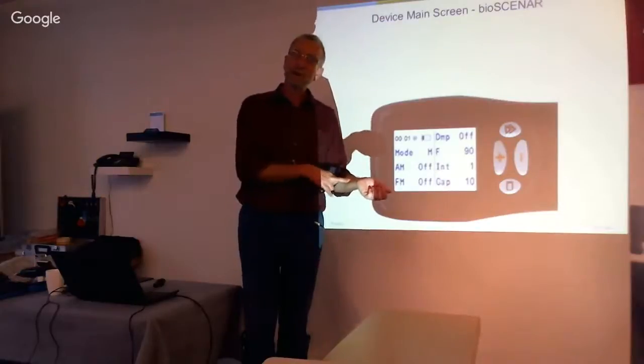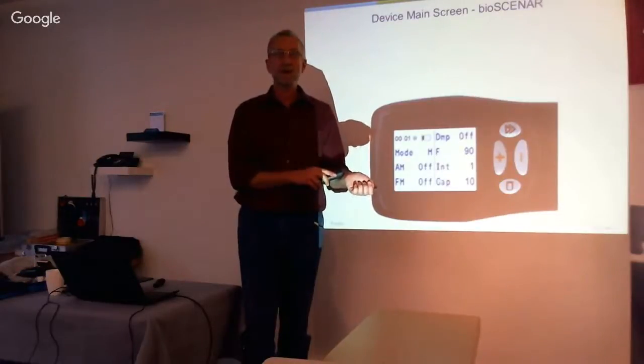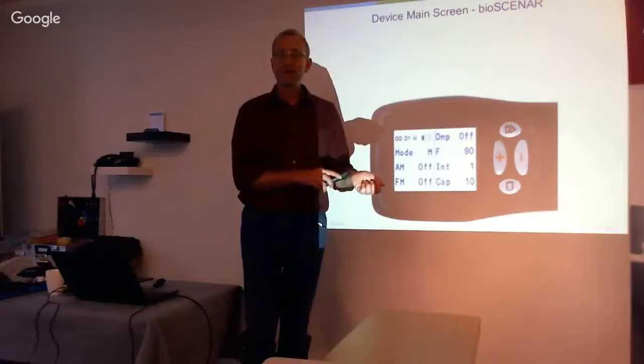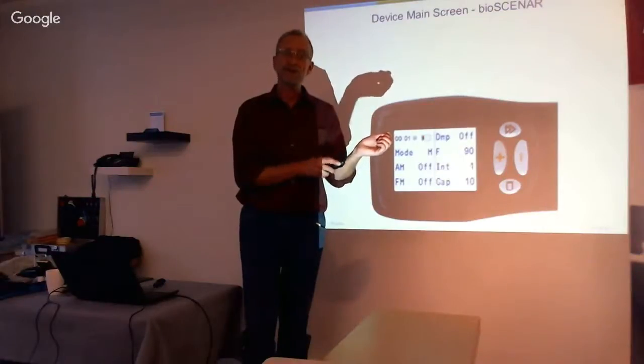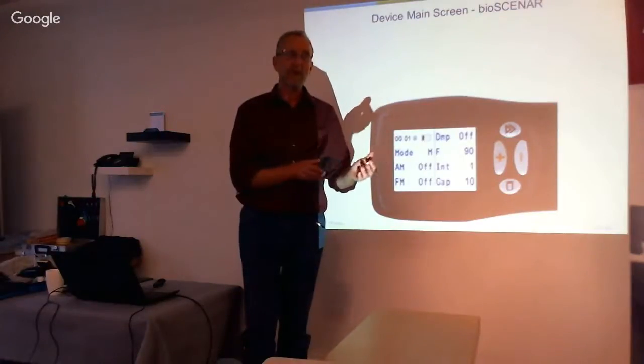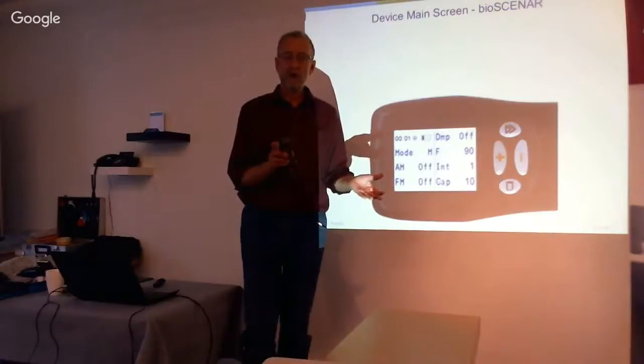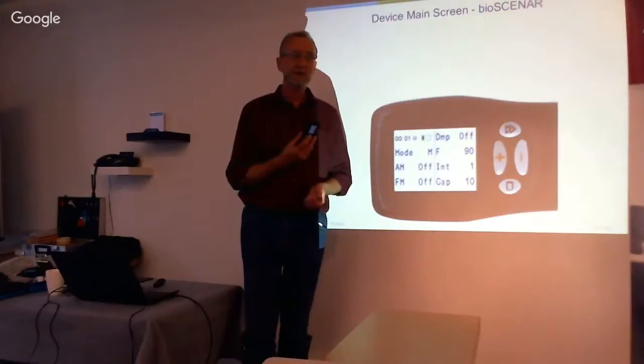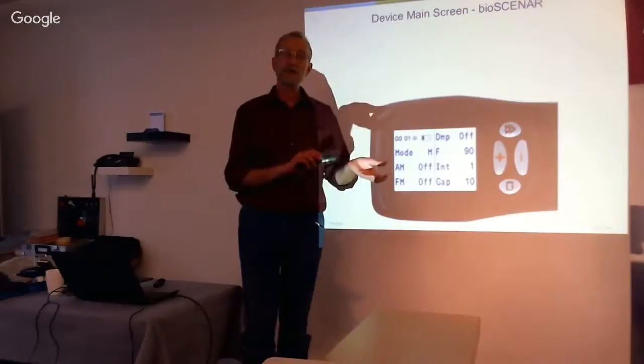So if that would be a painful place, I could hold it like this and the pain would disappear. Or I can start moving the device over the skin. But that's the easiest way of doing it. However, we have got some buttons on there where we can regulate the energy.